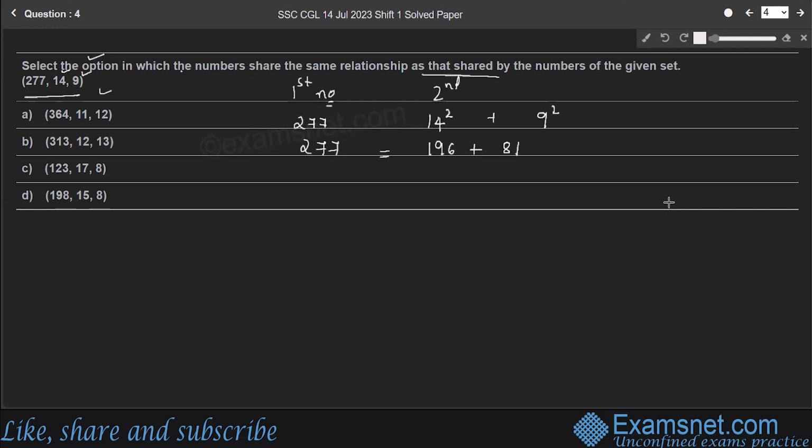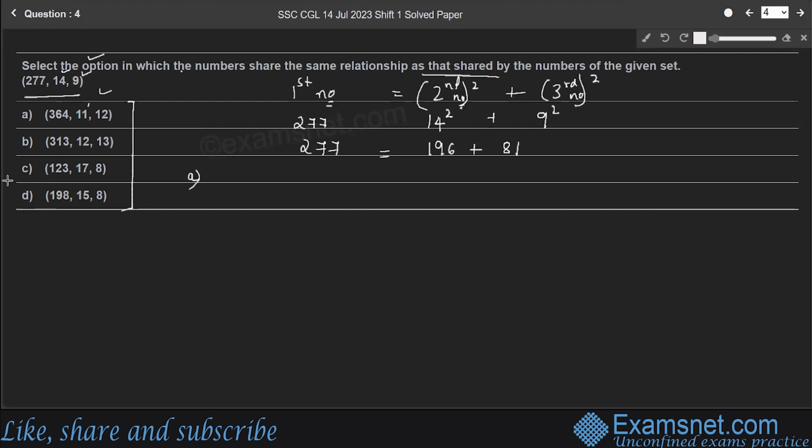Therefore, the logic here is that the first number is equal to the square of the second number plus the square of the third number. So in which of the following options is the logic the same? Let us consider the first option, 364. Consider the square of the second number and the square of the third number, and add them.